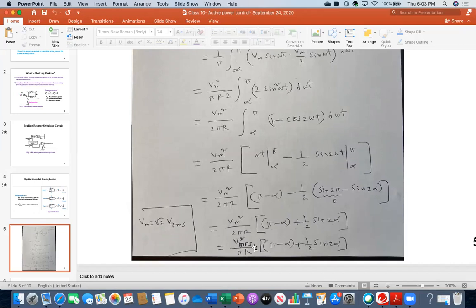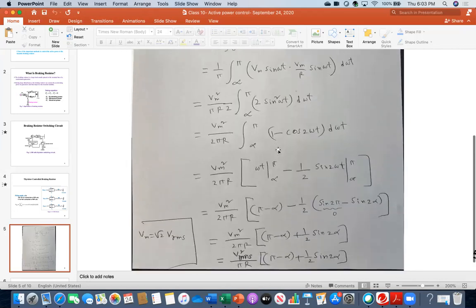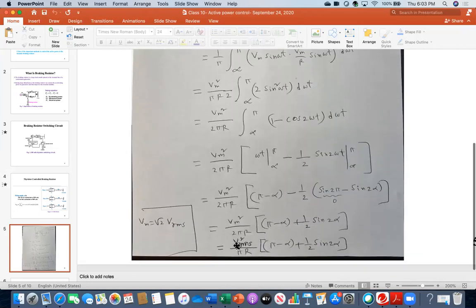But then in the next line, this Vm was actually the peak, but I want to express it in terms of the RMS quantity. So I wrote V RMS square. This Vm is root 2 times RMS. So what I am getting is, there will be 2 here, the 2s cancel, and V RMS square over pi R, and then this.